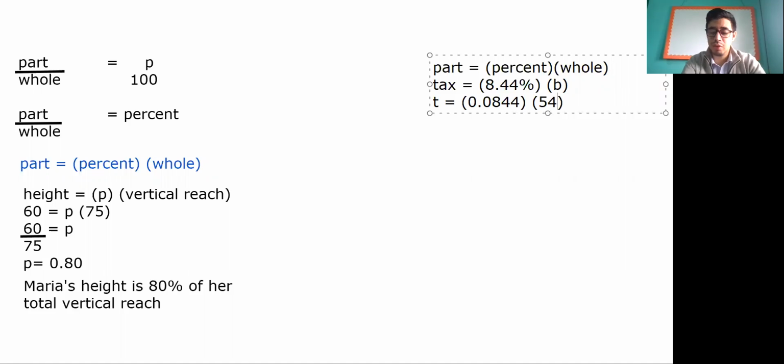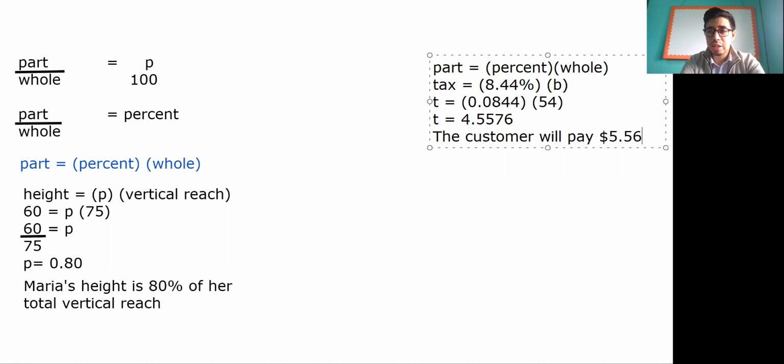The bill is the $54 you paid for the food and the beverage. So what is the value for t? The value for t is when you multiply 0.0844 by 54. So the answer is 4.5576. So the customer will pay $4.56 in tax.